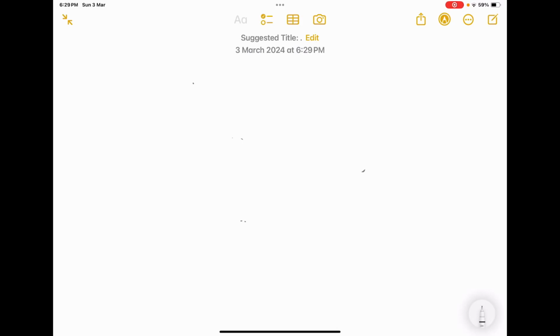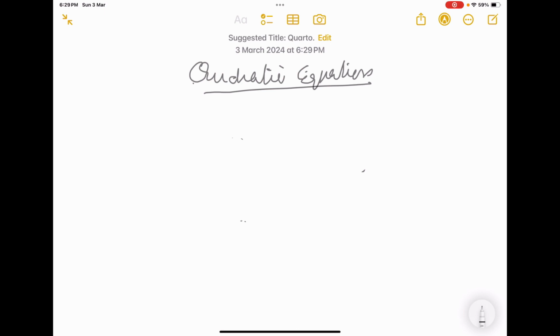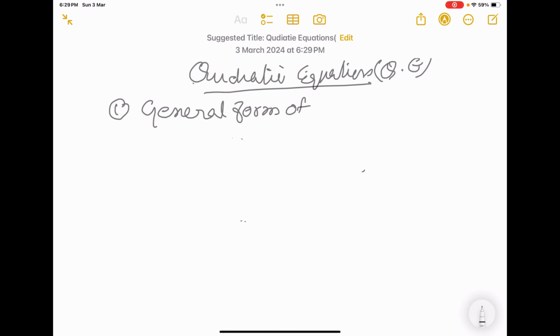Hi students, today I am giving some important questions of quadratic equation. General form of quadratic equation can be denoted as QE.